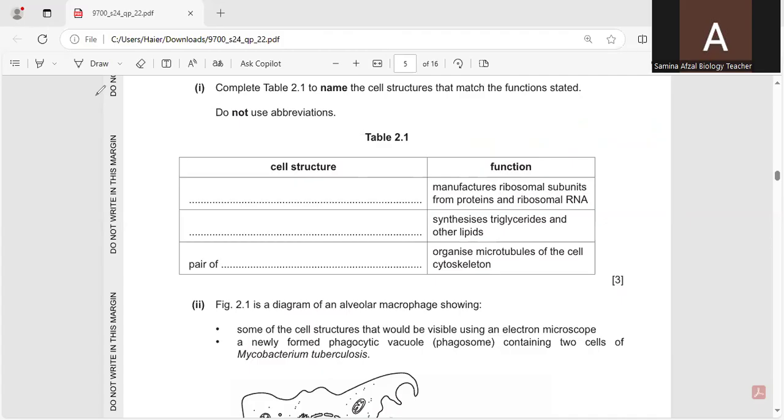And you know, students, that ribosomal subunits are formed from the nucleolus, which is present in the nucleus. So nucleus. Next, synthesis of triglycerides and other lipids. So this is the smooth endoplasmic reticulum.